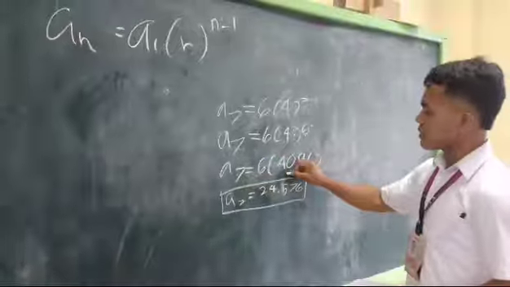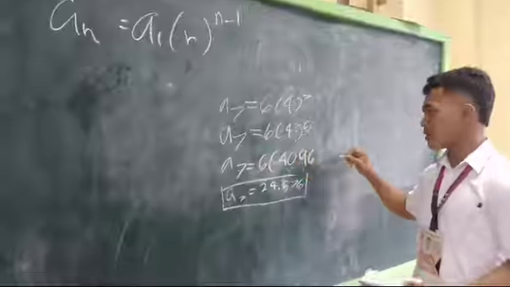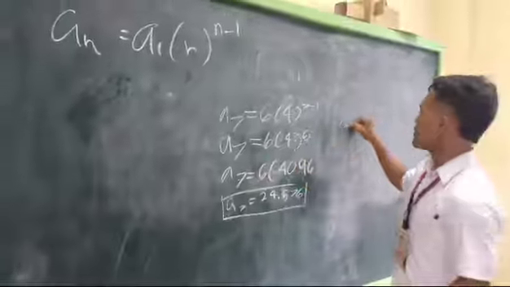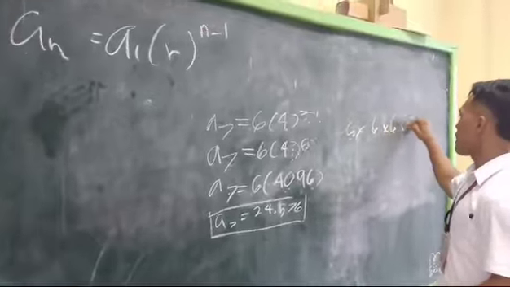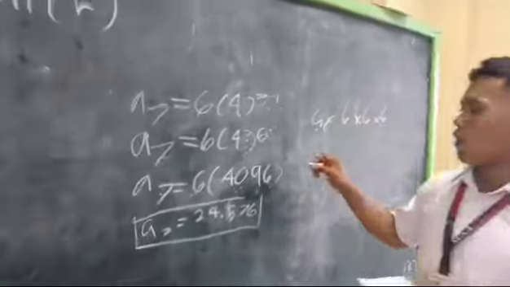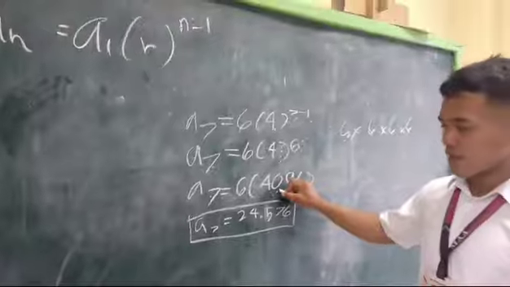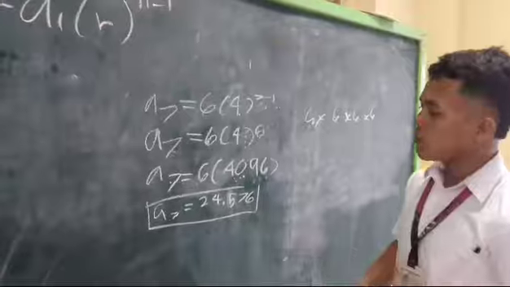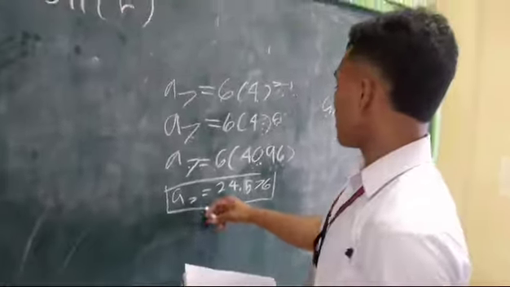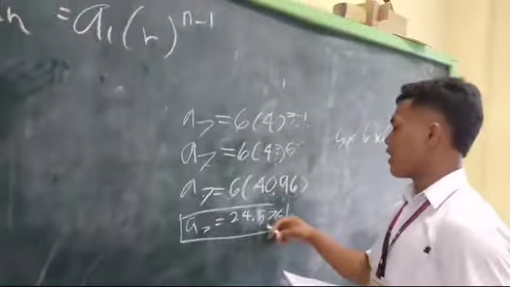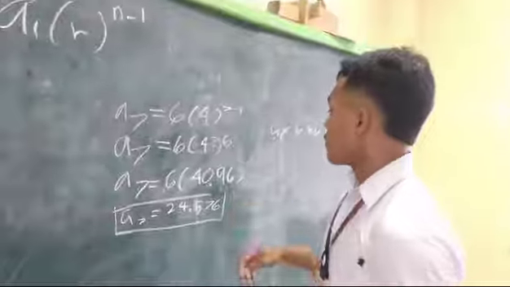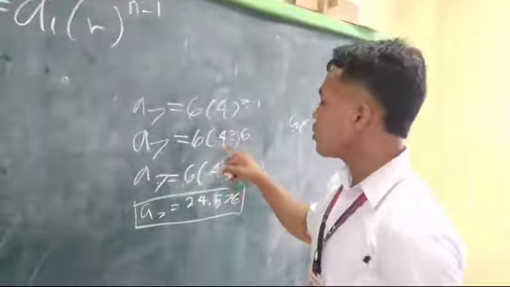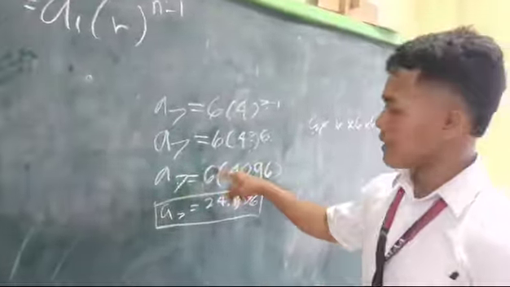So the answer is 4096 because 4 times 4 times 4 times 4 times 4 times 4 is a result of 4096. And now, how will you get 24,576? Simple. You always multiply by 6.